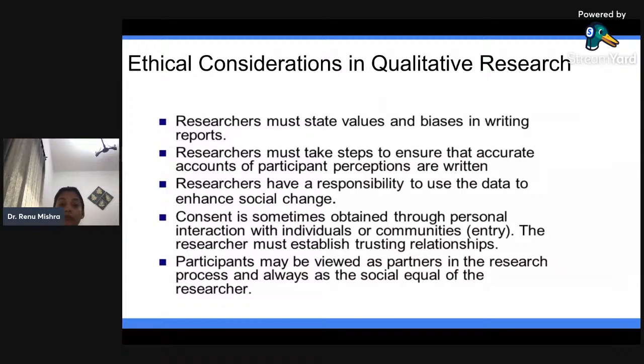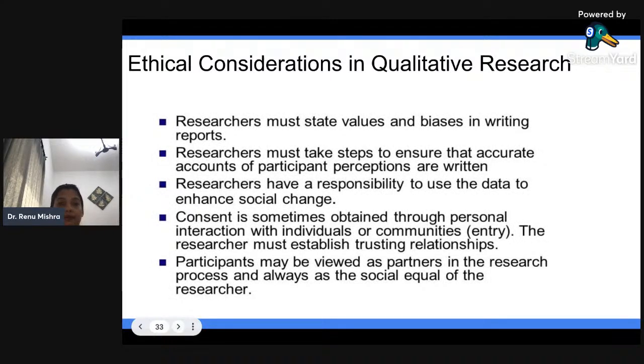And these days, you won't believe it, various foreign universities make sure that the data collection tool is ethically right. Unless they conduct a review meeting for your data collection tool, to check whether it is ethically right or not, they do not approve it. That's for sure. So ethical consideration is one of the most important aspects of research these days.